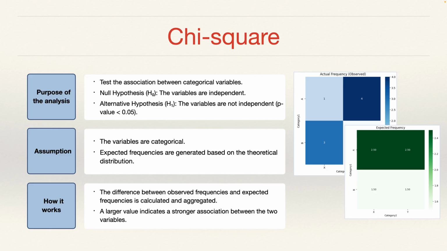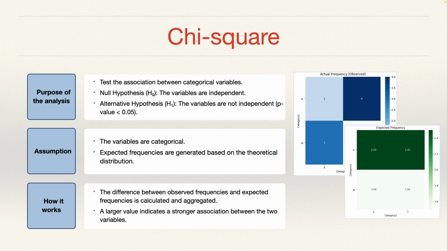Let's say we have two levels for two categories. For category 1, we have level A and level B. And for category 2, we have level X and level Y. So there would be 4 different combinations.